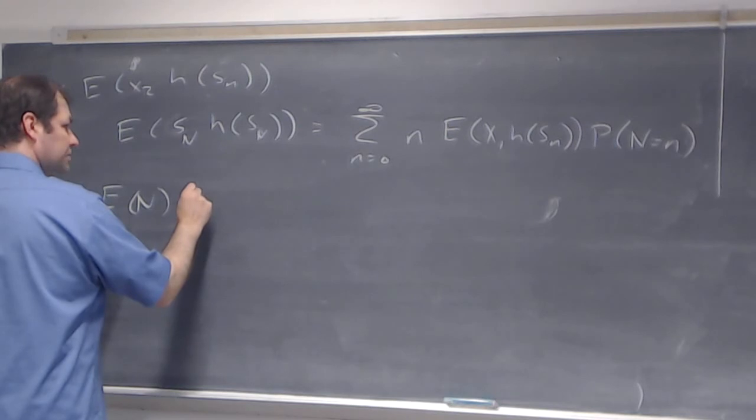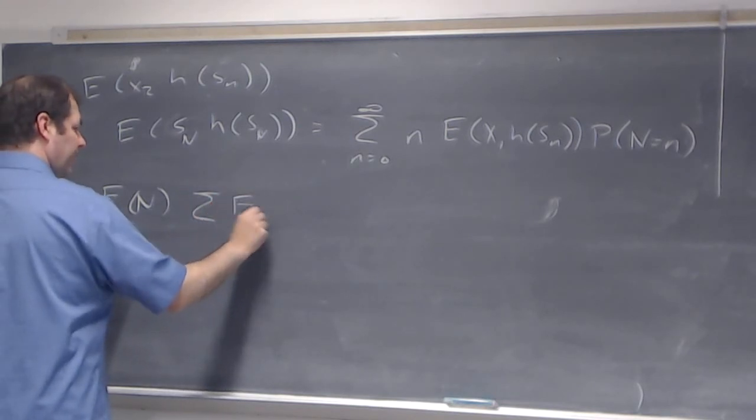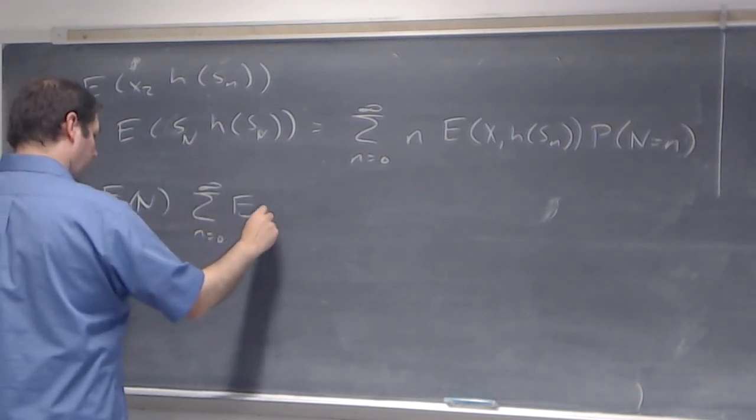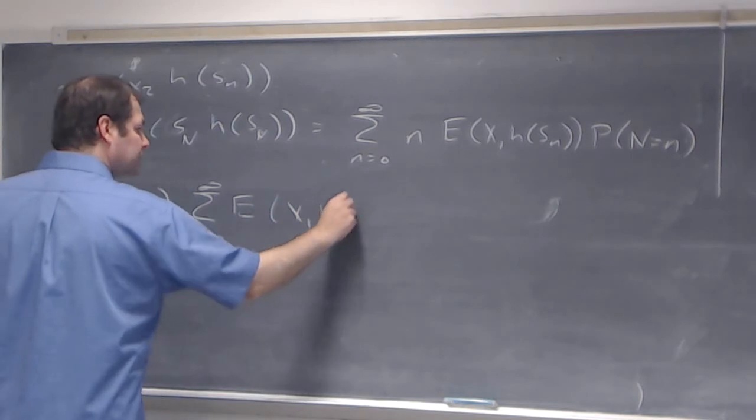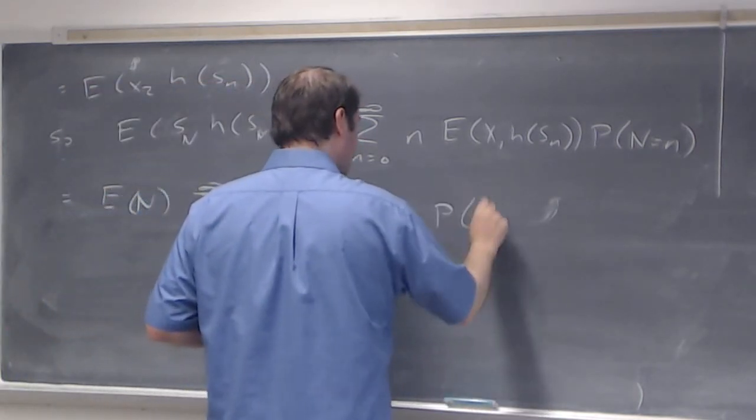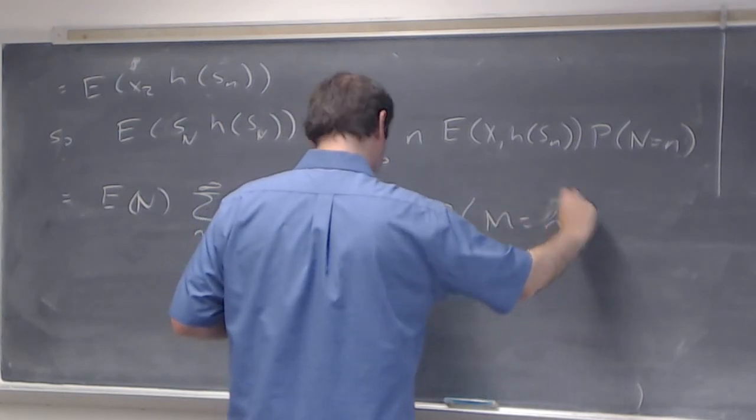Here, this is going to be equal to the sum, as n runs from 0 to infinity, of the expected value of X of 1 times h of S of n, times the probability that M is equal to n.